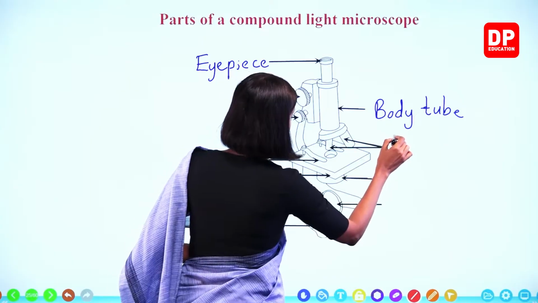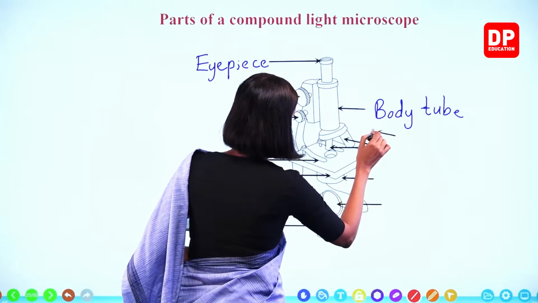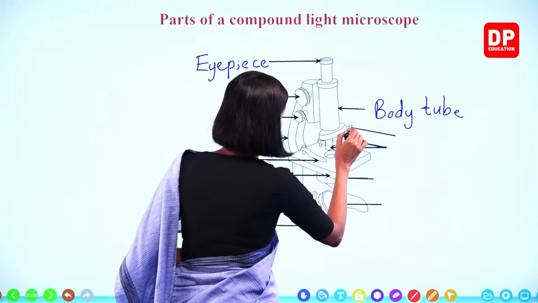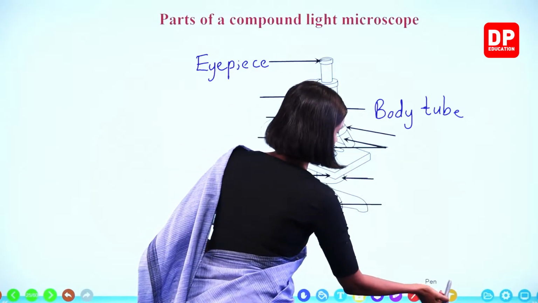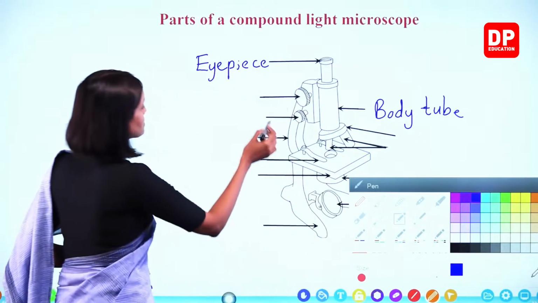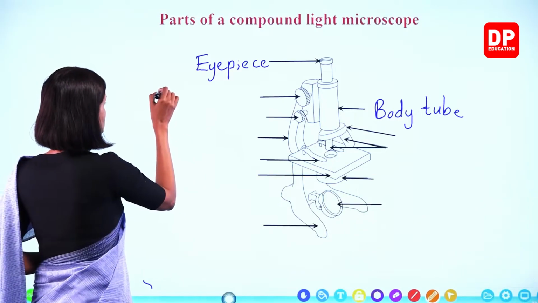Okay. We'll first draw the arrow as well. We label this as well. Even though it's not labeled here, this is known as the nose piece. Right. So this is the coarse adjustment knob.